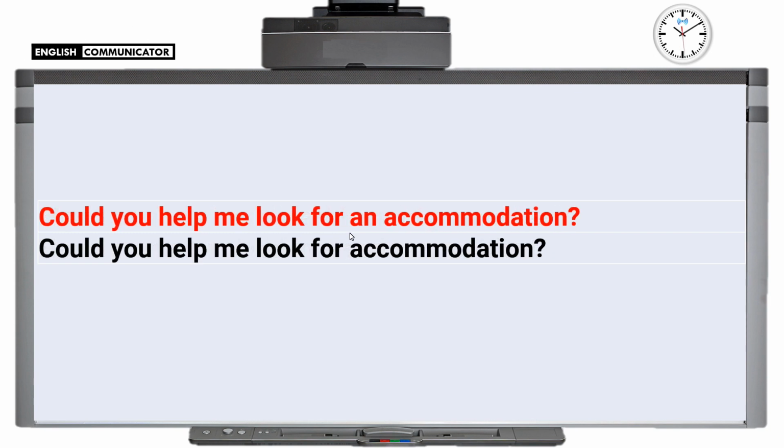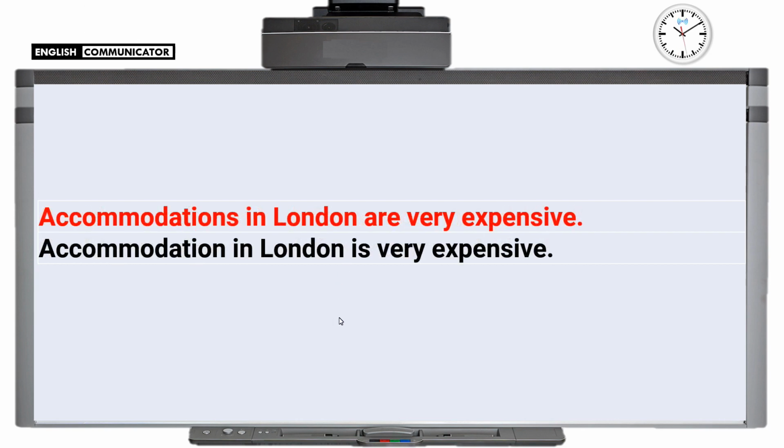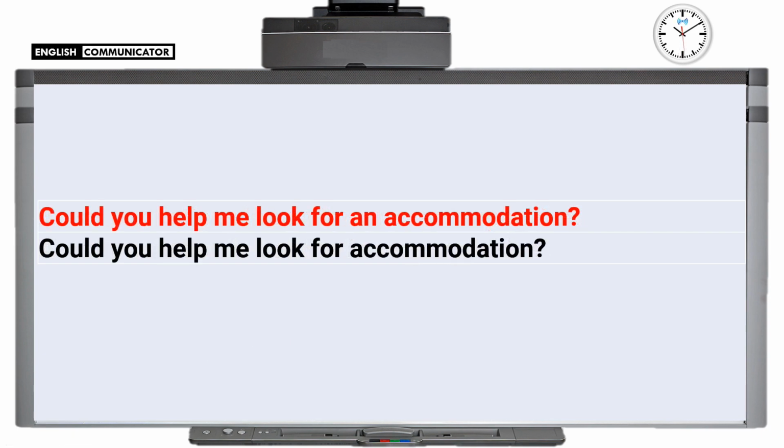Could you help me look for an accommodation? Wow. An accommodation? Wrong. Why? Because accommodation, sorry, I just have to go back. So we were here. Could you help me to look for an accommodation? It's wrong. Could you help me to look for accommodation?